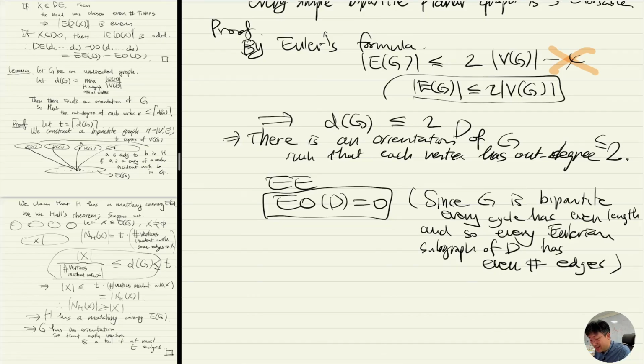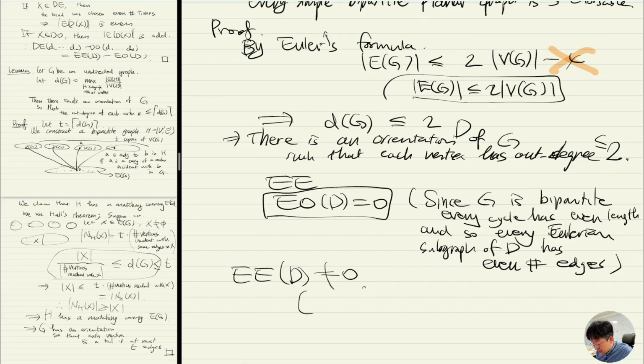How about even Eulerian subgraphs? EE of D is non-zero. Why?